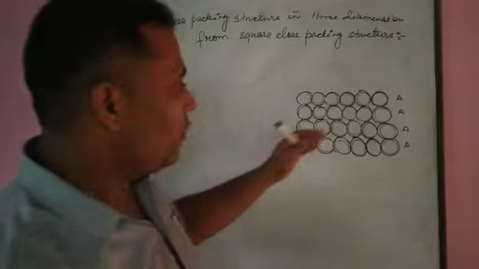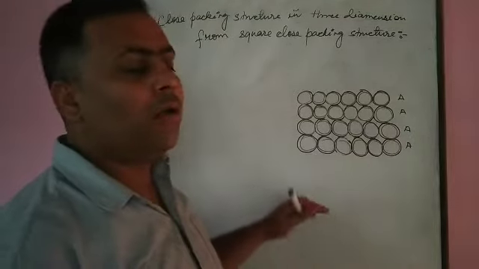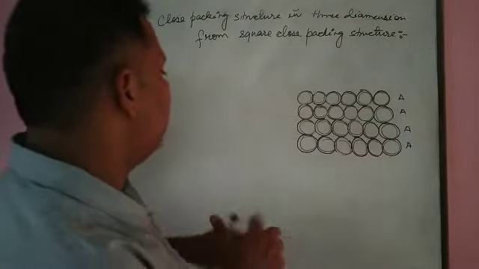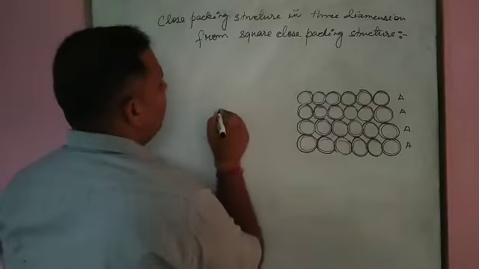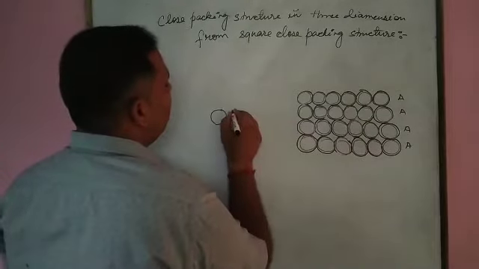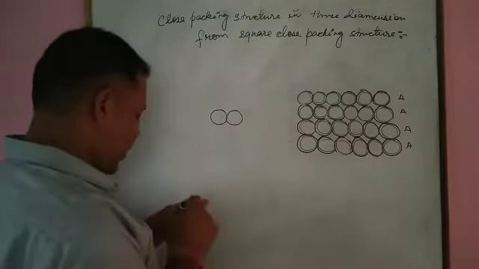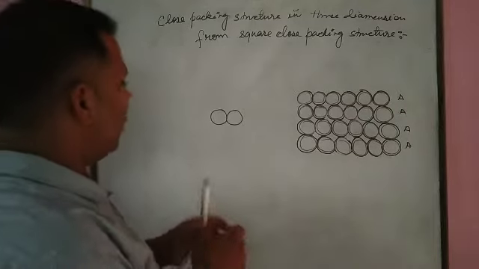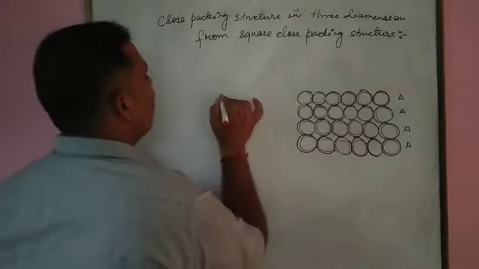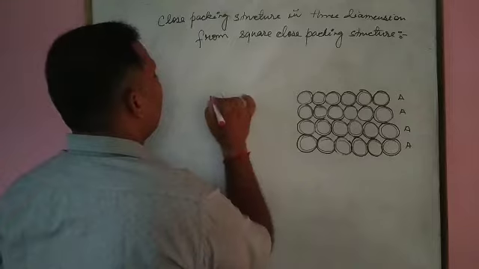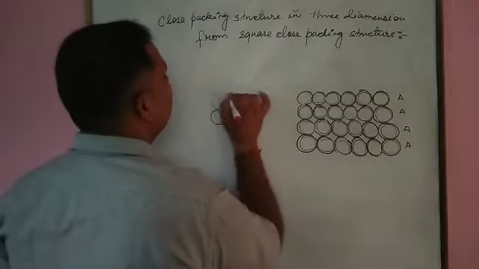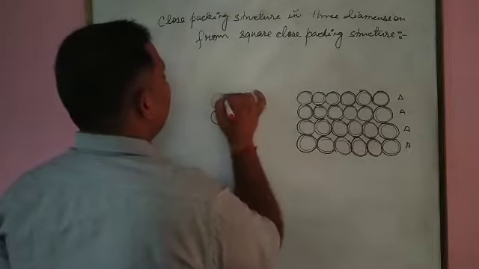What we got when we see from the side, it means on side view, is this one is the lower layer, and the upper layer is like this. It is just vertically aligned.